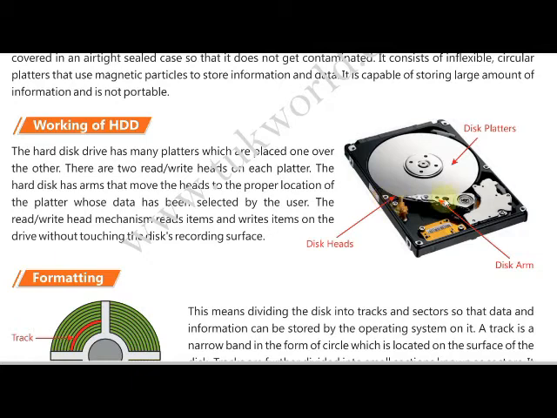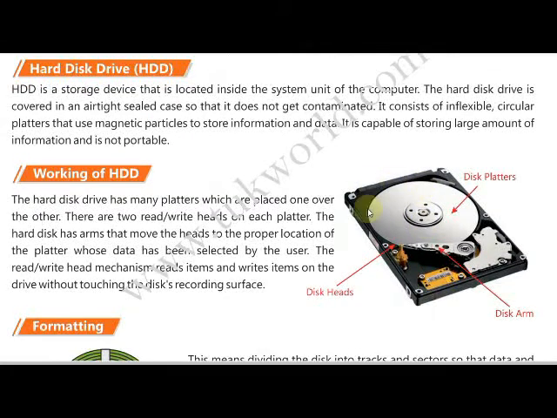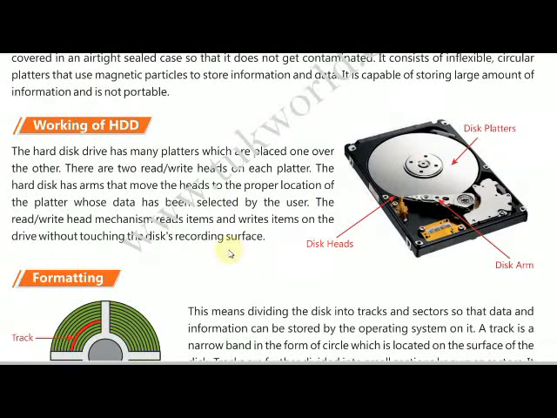Okay, understand? And this is part of the disk arm, and there are separate disk heads and disk arms for separate platters. Okay, and these are shiny plates. And it is fully protected with an outer case to avoid water damage. Okay, so this is about the working of hard disk.